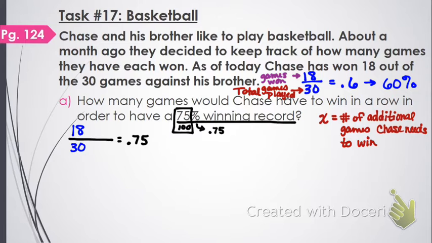Okay, so you said he has to win more games if his percentage is going to go up, right? So I need 18 plus something. What's that 30 represent again? Games he's already played. He's won 18 out of those 30 games, right?